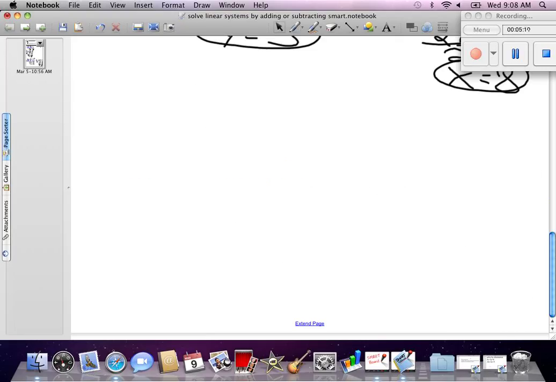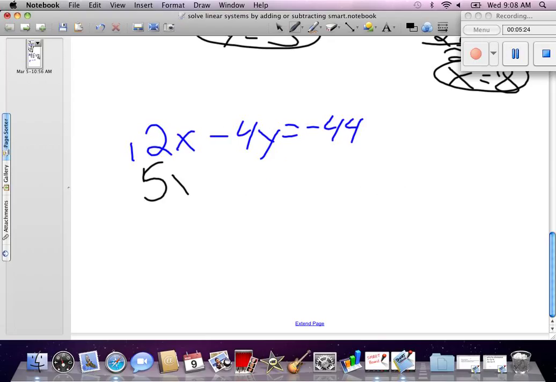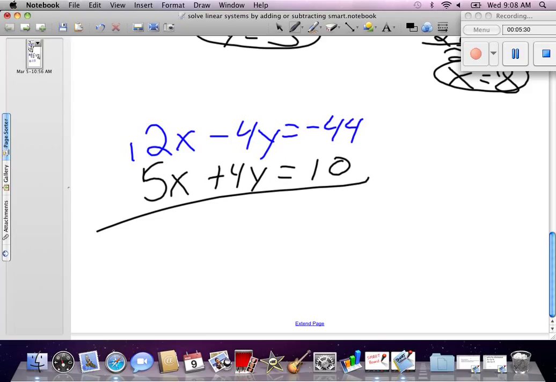Okay, I've got 12x minus 4y equals negative 44. And I've got 5x plus 4y equals 10. So Erica, what do I do? If I add straight down, is one of my letters canceling?